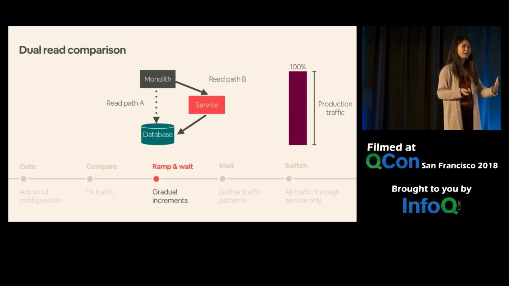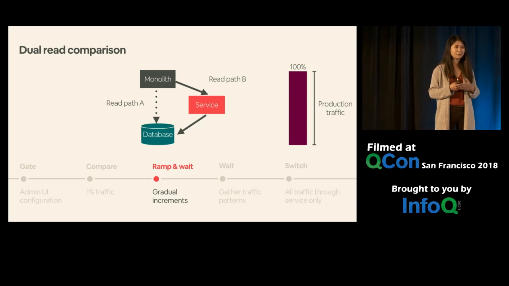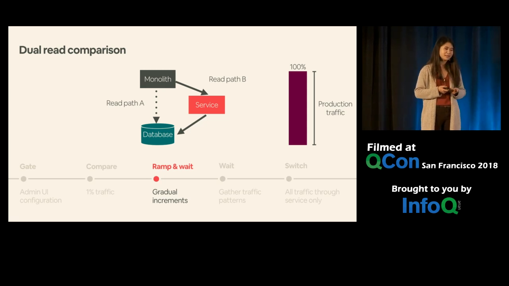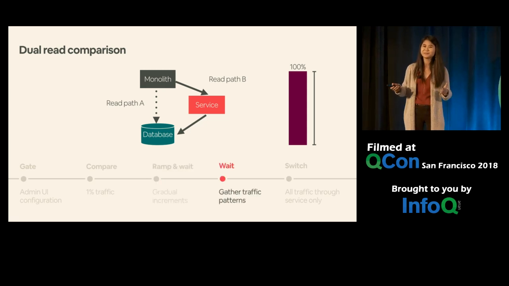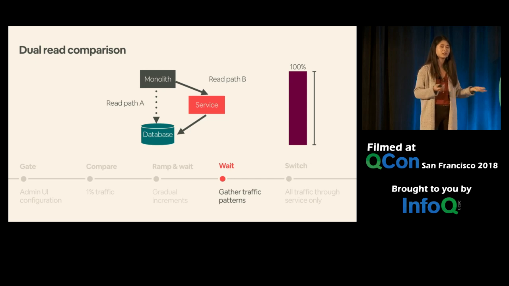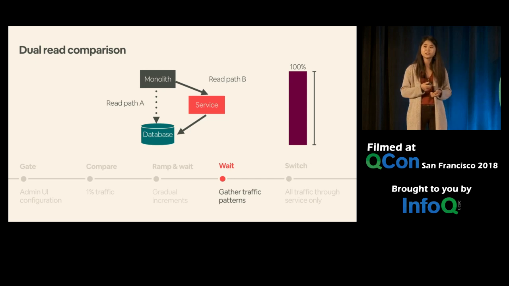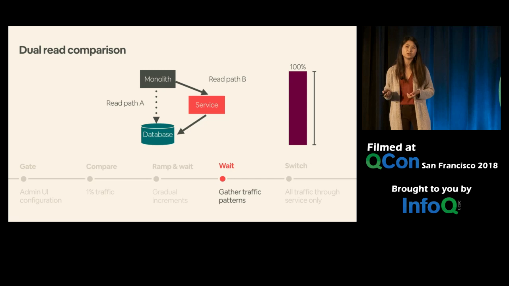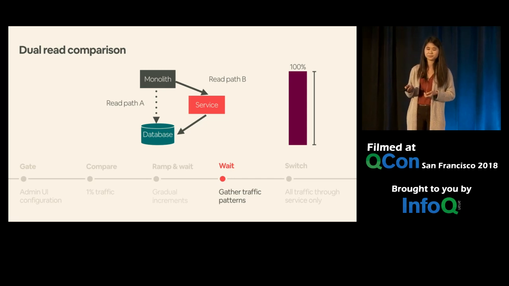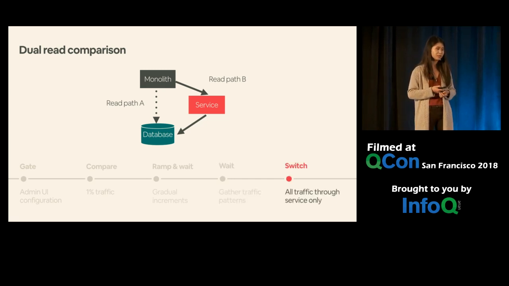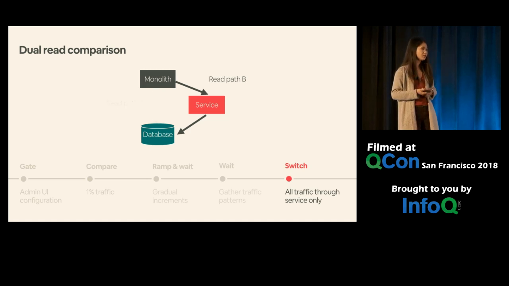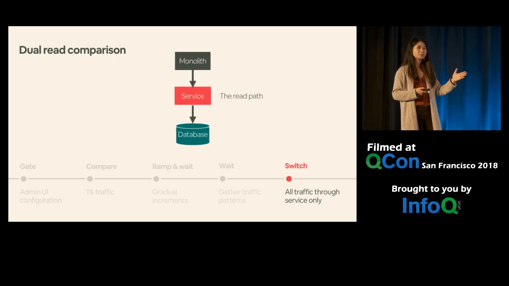Each step comparing, waiting, and comparing again. While at 100%, we wait some more. So it's important to get enough traffic to ensure that the various access patterns are covered and to ensure that your service can handle 100% of the load that monorail was supporting. Once the comparisons at 100% are clean, we can then switch over to move all of our reads through our data service.